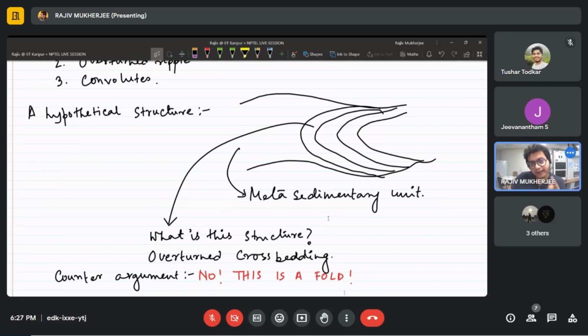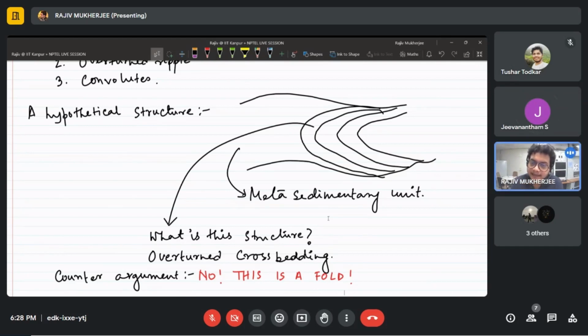Because if you interpret the structure wrongly, then your entire interpretation about the tectonics or the regional deformation of the area would be wrong. So these very fine judgments are required in the field that can give you a correct approach towards your tectonic studies, right?